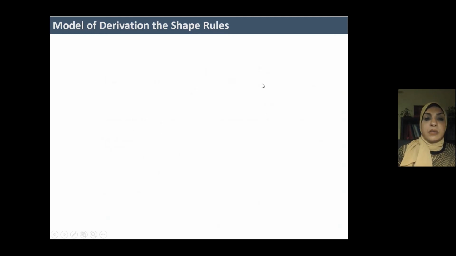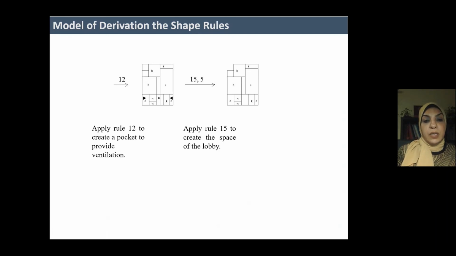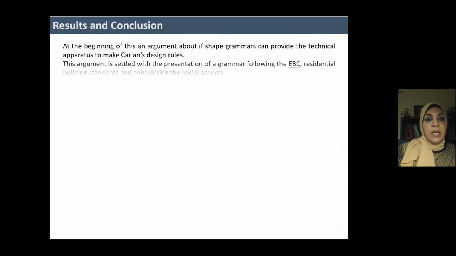By applying some rules from group 3, we can make the pocket to allow ventilation, and the courtyards to allow also ventilation for the wet areas. And by applying rule number 15, we can create our entrance lobby. And by applying rule number 5, we are deleting all labels to finish the derivation.